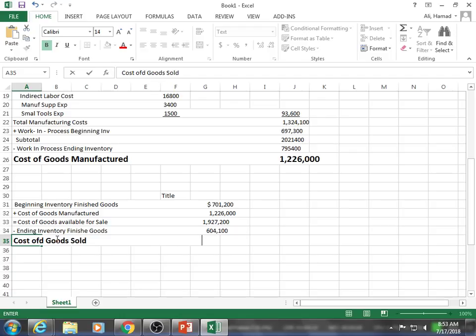All right, how much do we get? 1,323,100. One more time. 1,323,100. That is the cost of goods sold for a manufacturing business.